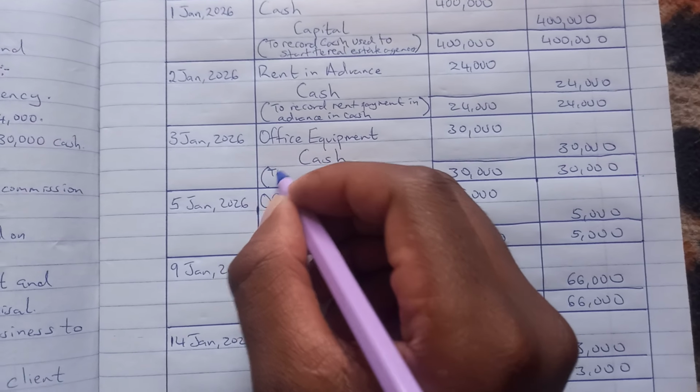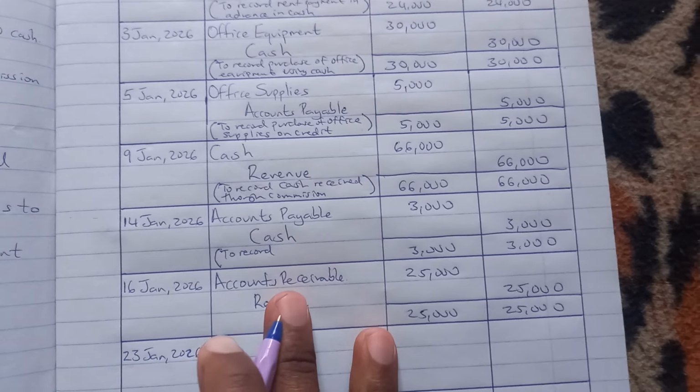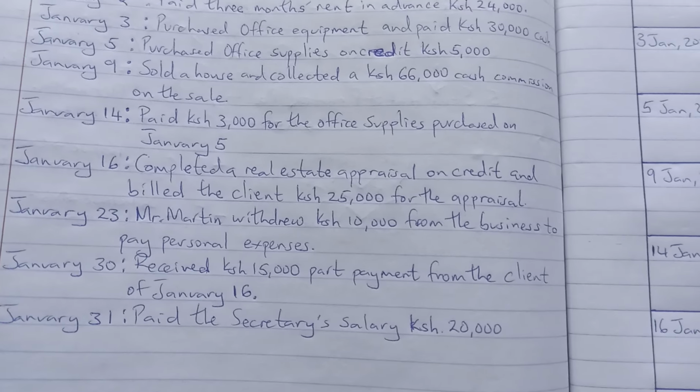Okay, you're seeing how easy it is to record. Now here, 14th January, paid 3,000 of office supplies. So that one is to record payment of office supplies bought on credit.